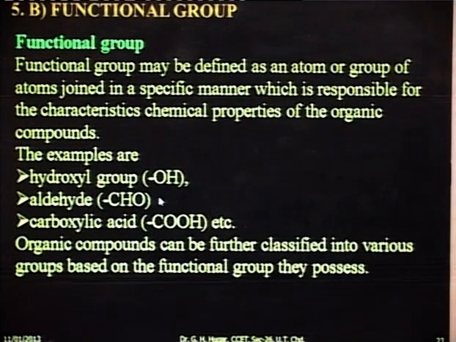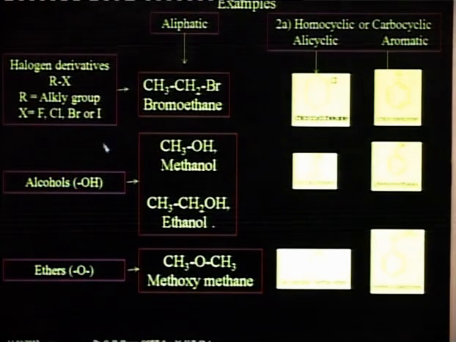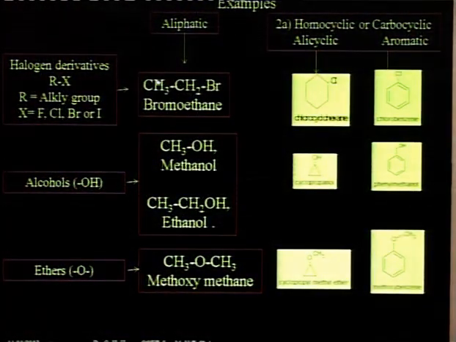Suppose if you take one functional group, see here, if we take ethane and replace one hydrogen of ethane by a bromine atom, then it is a substituent which comes into the ethyl moiety, and it gives a set of properties to this molecule, and hence here bromine is a functional group.